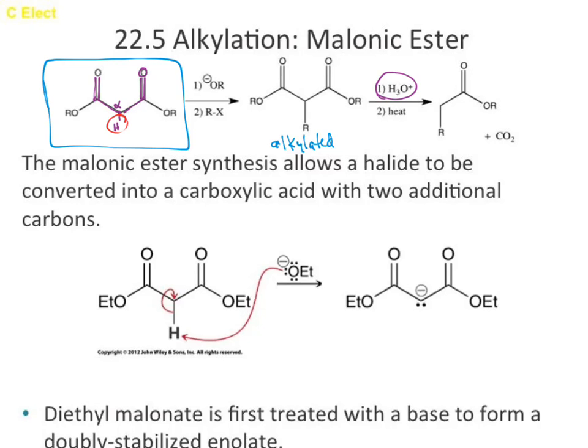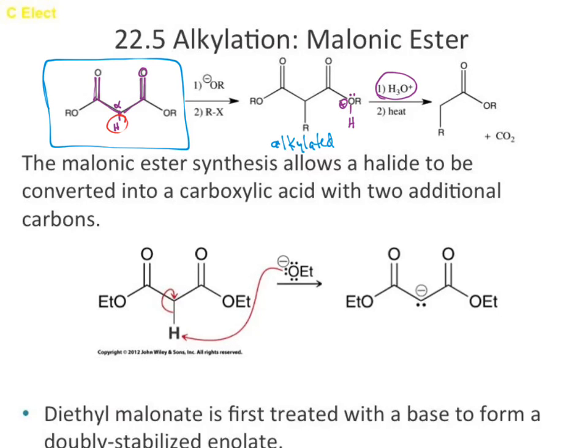It'll add a hydrogen to our oxygen. So one of our oxygens picks up that hydrogen. Okay. What's the issue with that oxygen? Too many bonds, so it's positively charged. What's it do? Acts as a great leaving group, and we can end up converting our diester into a diacid.